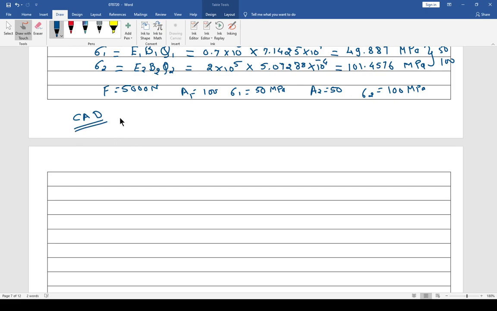A full question and full numerical part will be there. This could be asked in CAD, but not in FEA. In FEA a little bit more complex problem will be there, so that also we are going to solve.